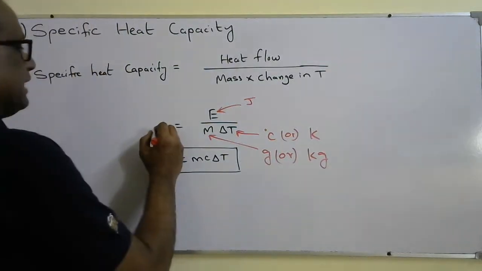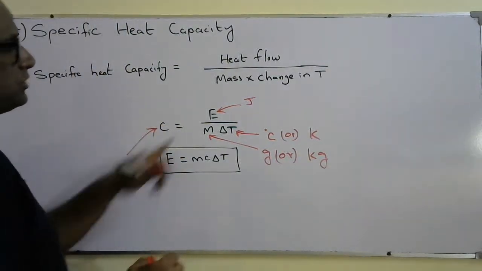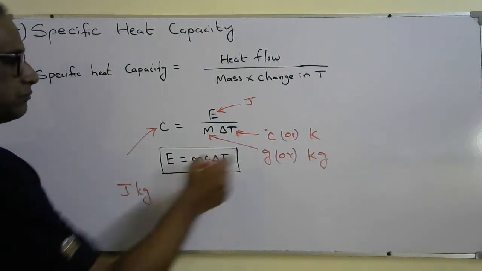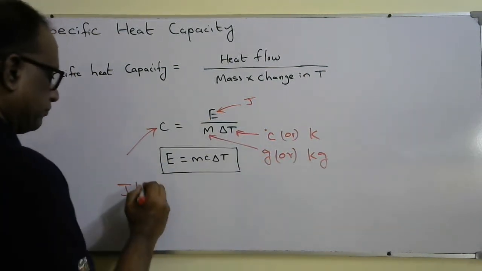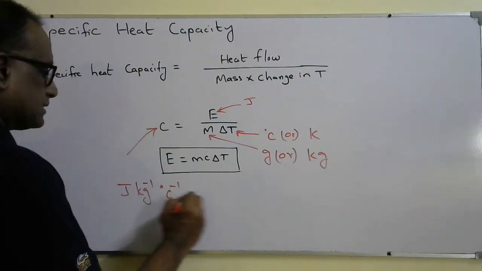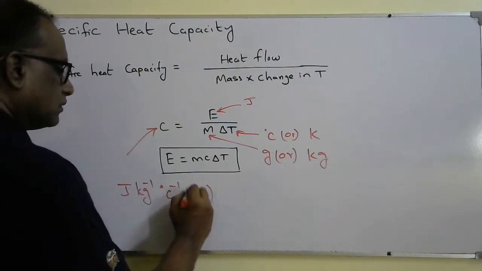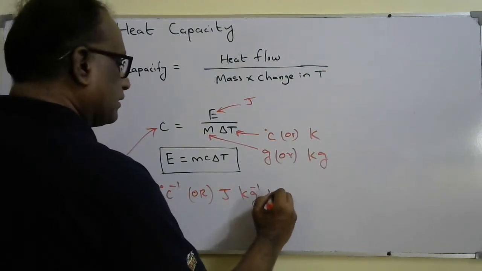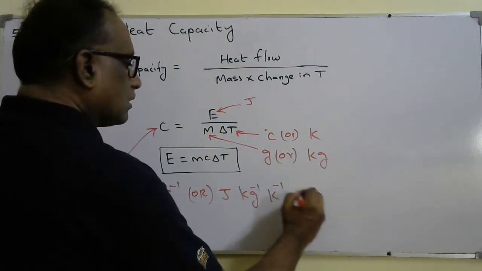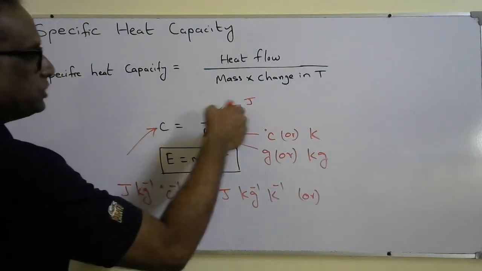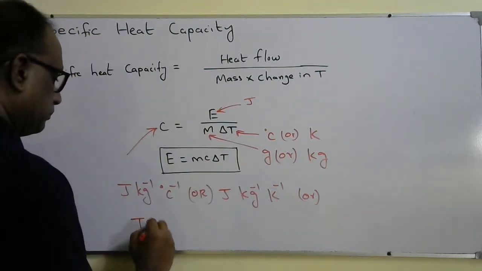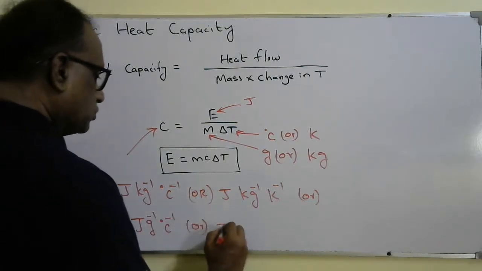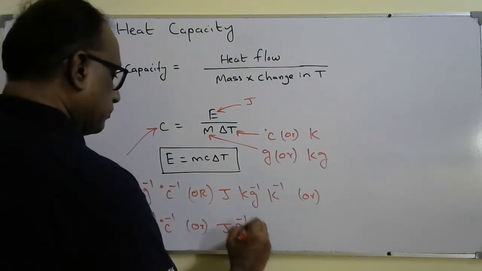So the unit of C, when you use joule, will be joule per kilogram per degree Celsius or joule per kilogram per Kelvin, or if you keep it in gram, joule per gram per degree Celsius or joule per gram per Kelvin.